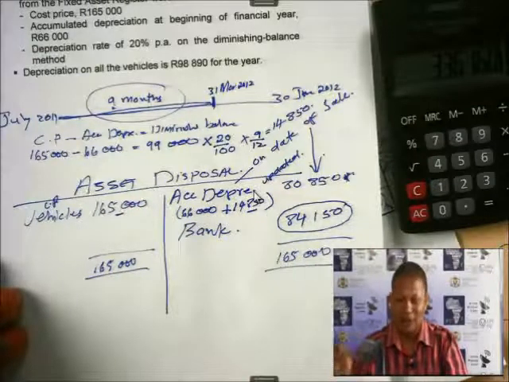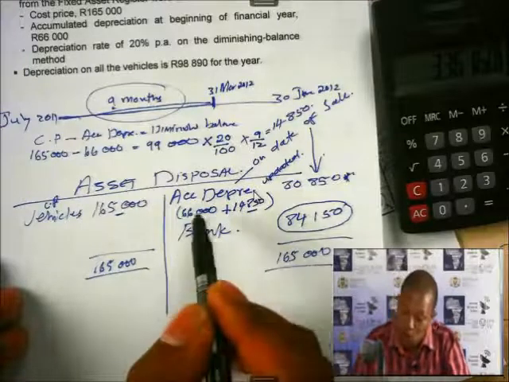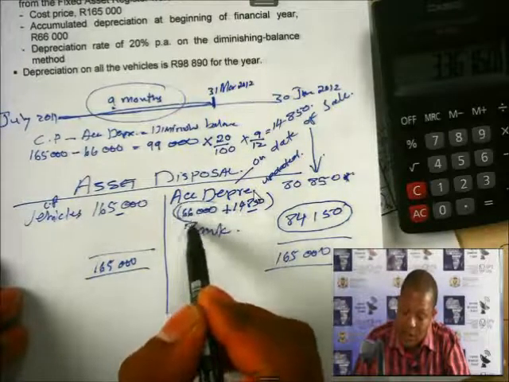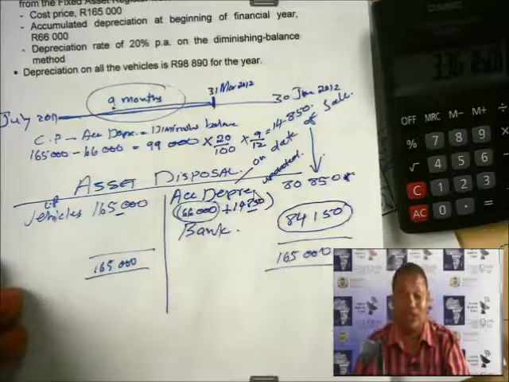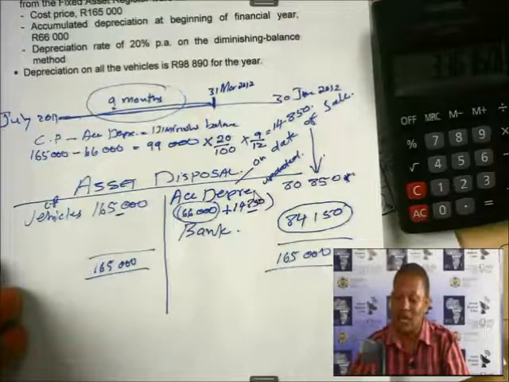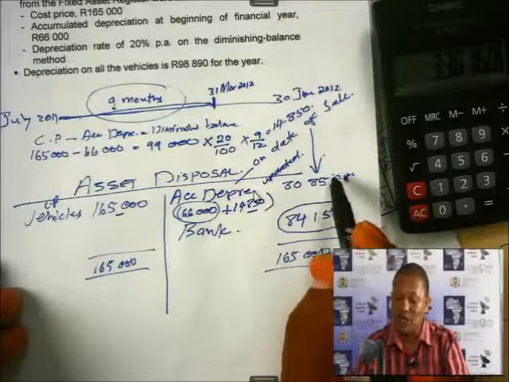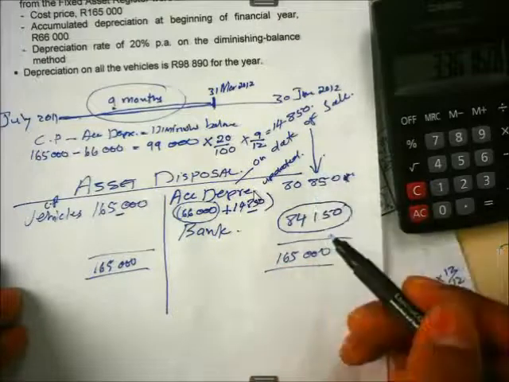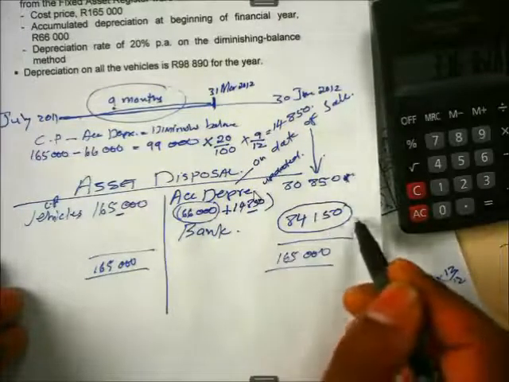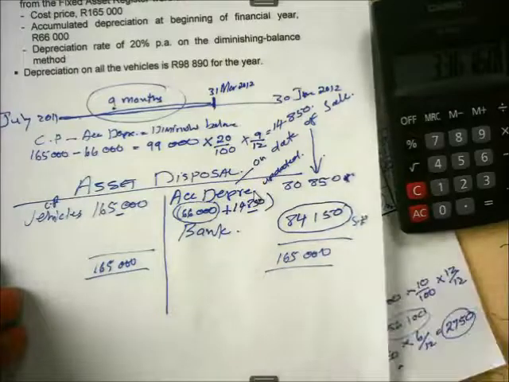But always be very careful. Do not use accumulated depreciation at the beginning of the year. Update it so that you have an amount of accumulated depreciation on the date of sale. Then you will have your selling price. This is the selling price of the particular asset.